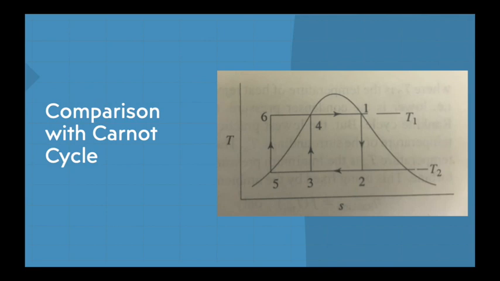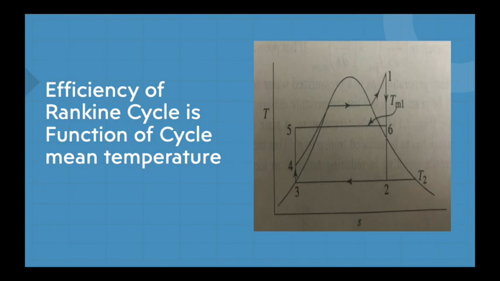So the same thing we will apply to a Rankine cycle and try to suggest measures in order to increase the efficiency of a Rankine cycle. So here what we have done, we have tried to superimpose the Carnot cycle on a Rankine cycle.